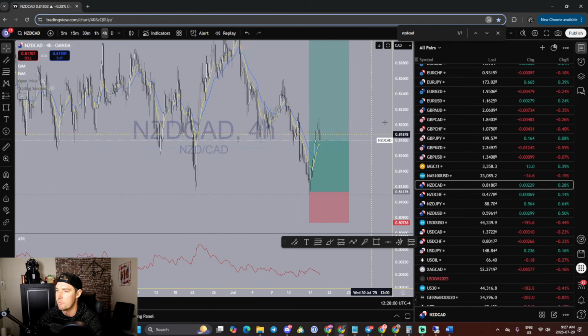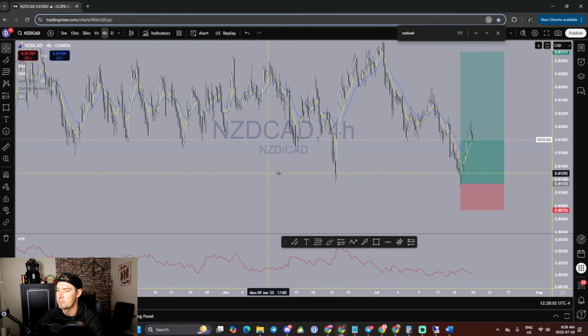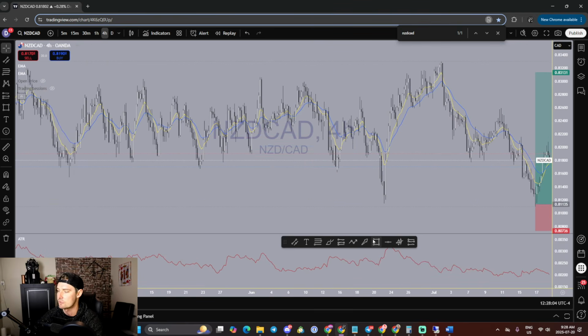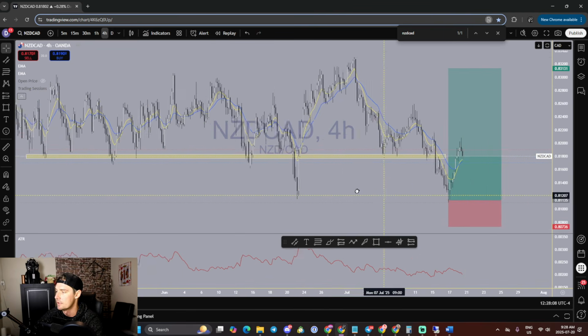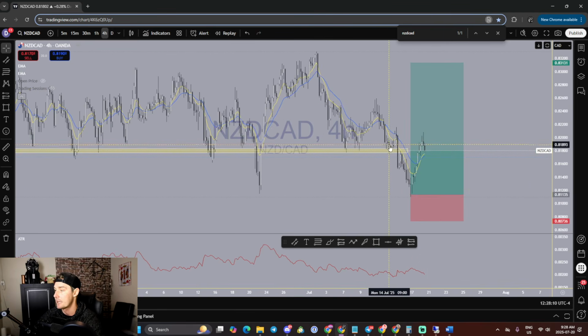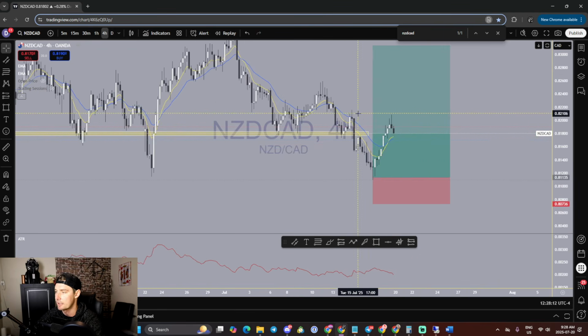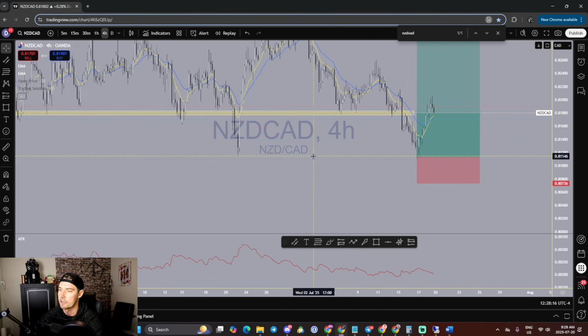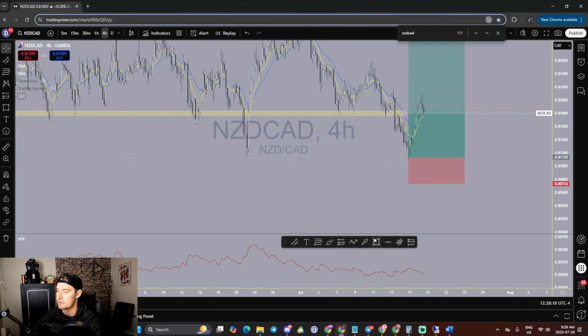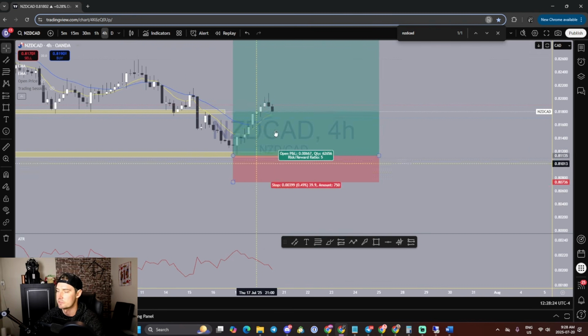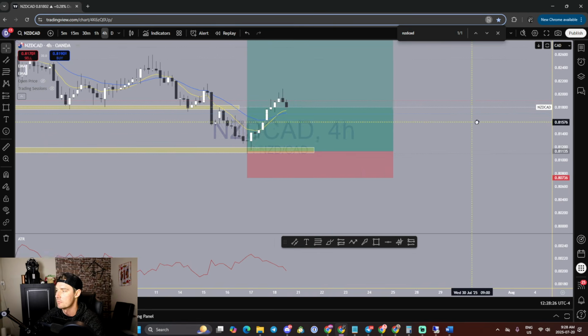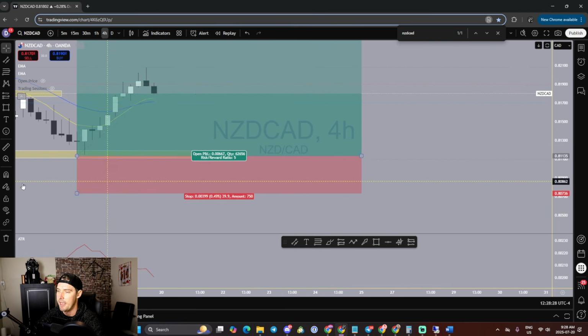Basically, what happened was we had this insanely strong support right here, an insanely strong level, right? So I took a long there, and we did get a bounce right here, but then it collapsed right through. And I said, okay, if this first trade fails, we're going to target this previous low here, which is also another high value key level. And wouldn't you know, we're already running at 2R or more on this trade.